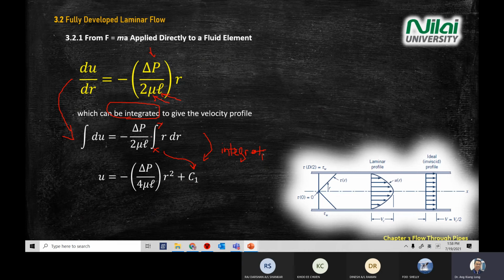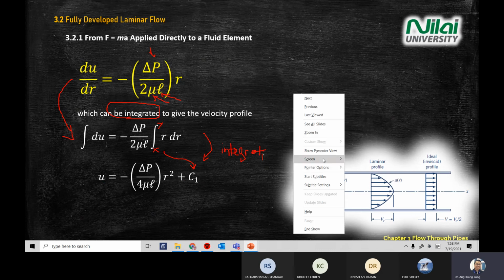If you don't understand the integration step, go and flip back to your advanced mathematics on how to do integration with no limit. You will get R squared plus C1, and the left hand side, when you integrate, you get U.